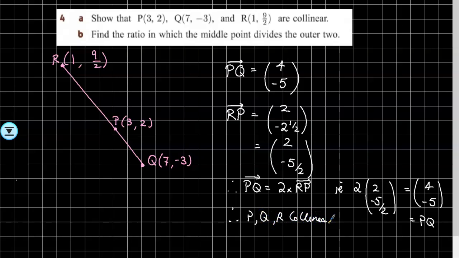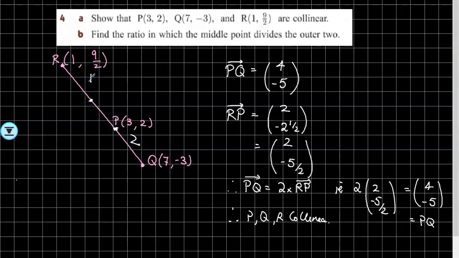Now, how does that help us find the ratio in which the middle point divides the outer? PQ is 2 lots of RP. Do we agree? So PQ is twice the length of RP. So I should have actually put this over here. This is 2 times the length of that.